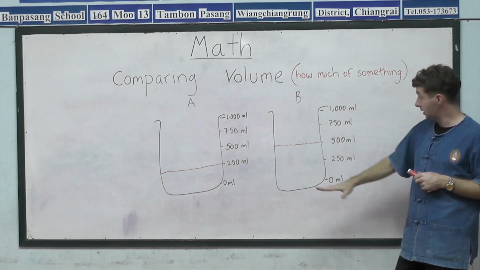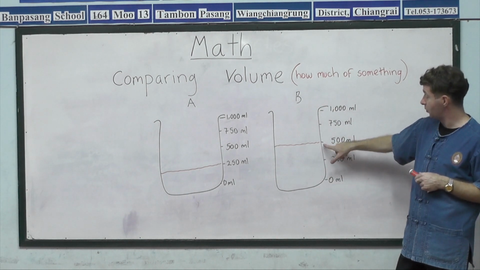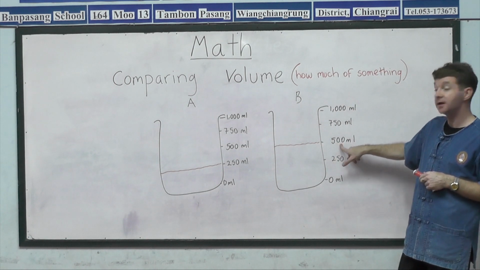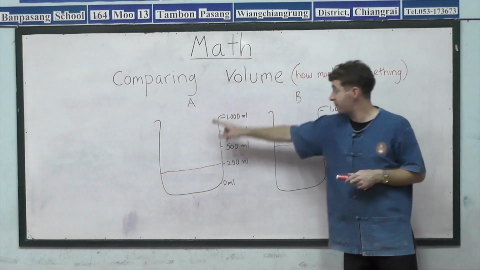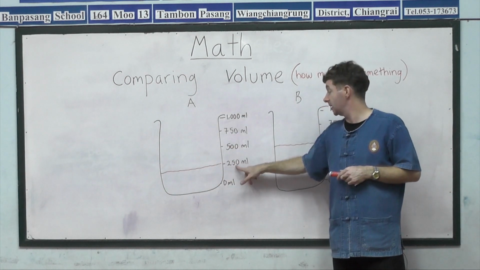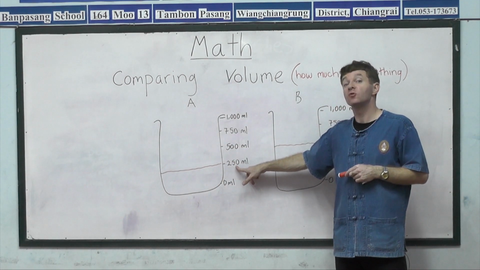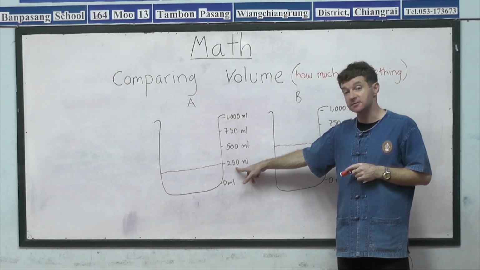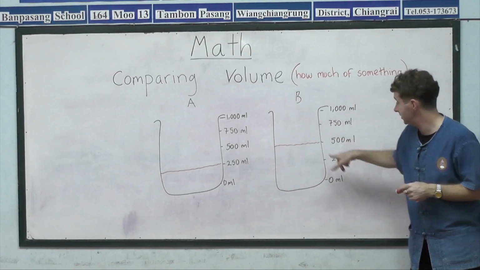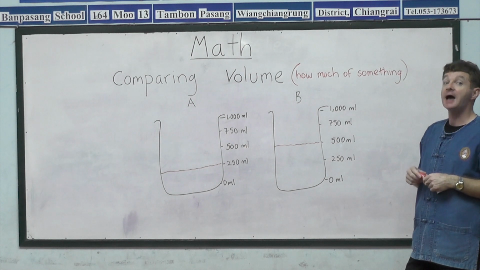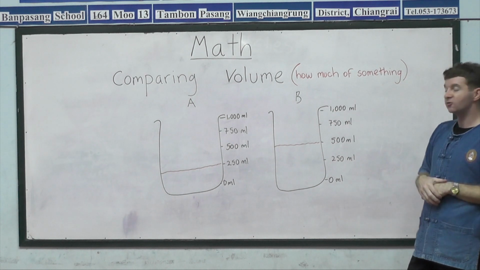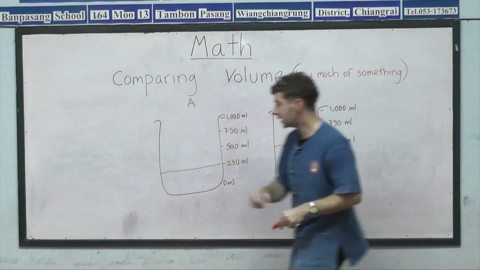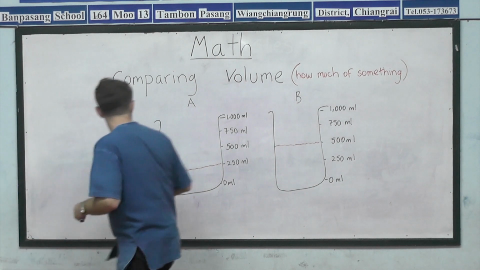B. You can see the level of liquid in container B, 500 milliliters. The level of liquid in container A, 250 milliliters. So we can see that container B has the greater volume. Which container has the smaller volume? A. Let's do another example.